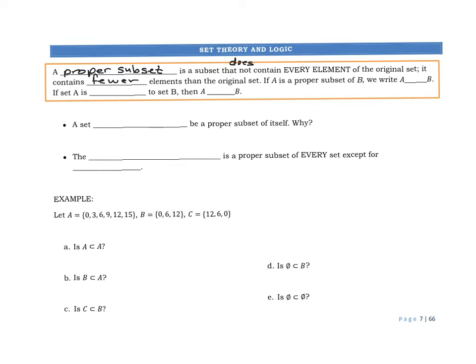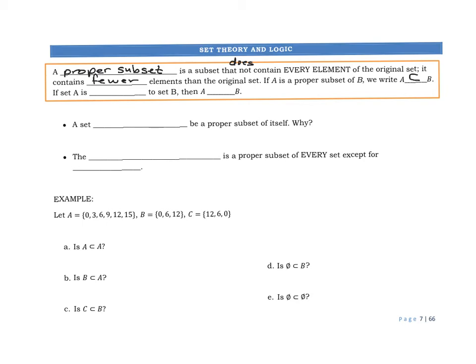So if A is a proper subset of B, here is our symbol for that. Now you'll notice I don't have the line underneath it, so that means I'm not including the equal set. So that's the meaning of that particular notation.